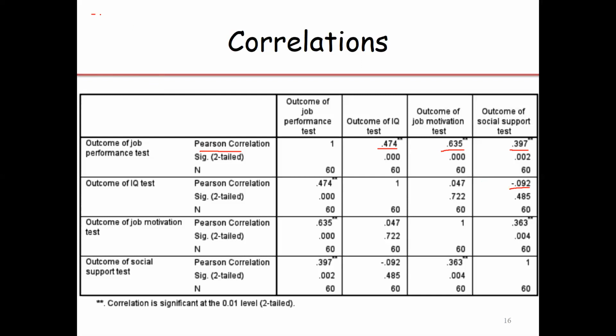One group of correlation is the correlation between the independent variables and the dependent variable. This is the one group of correlation. Another group of correlation is the correlation among the independent variables. Like this one.